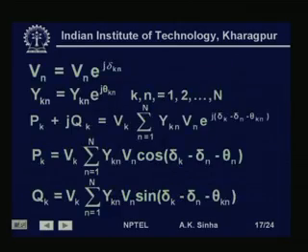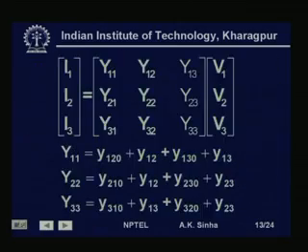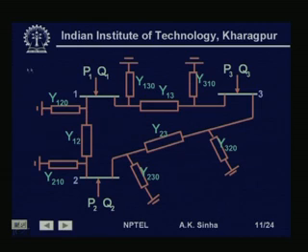So, if you see here, Y11 will be equal to y10 plus y12 plus y130 plus y13, all the admittances which are directly connected to this bus bar. So, this is how we can calculate the diagonal elements of the Y bus.